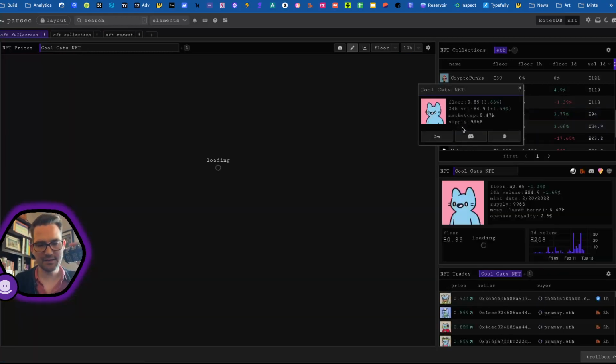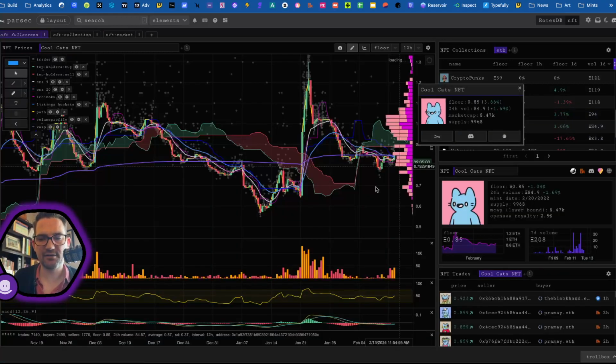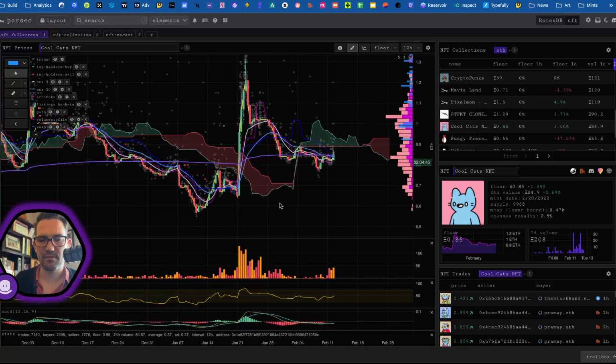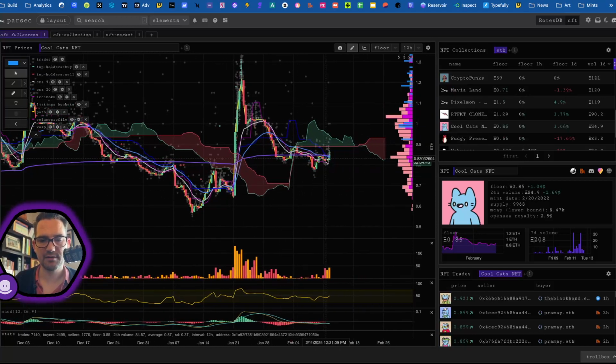Cool Cats, they recently had their run, and they were all the way down to 0.56 mid January. So they've done well. That pump from 0.56 was a 2x up to 1.2, 1.3. They're now trending downwards, possibly back to 0.8 to hold here.